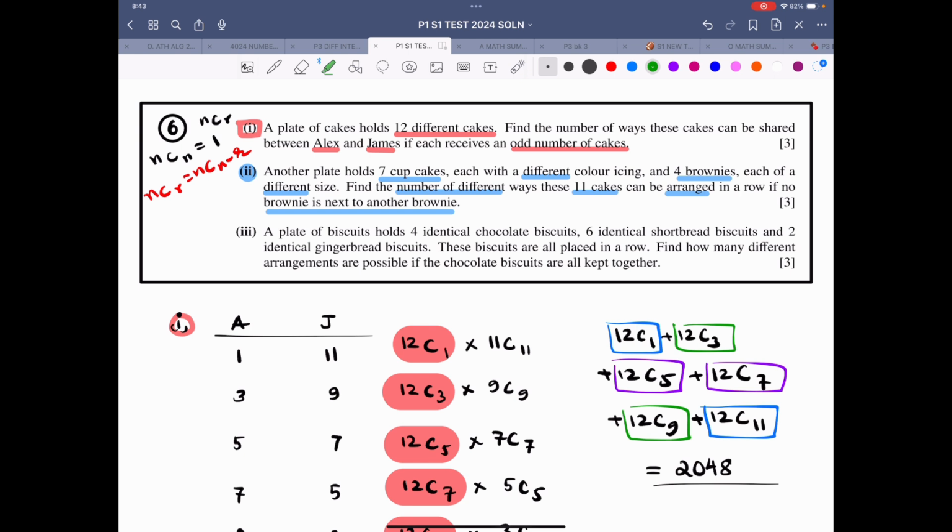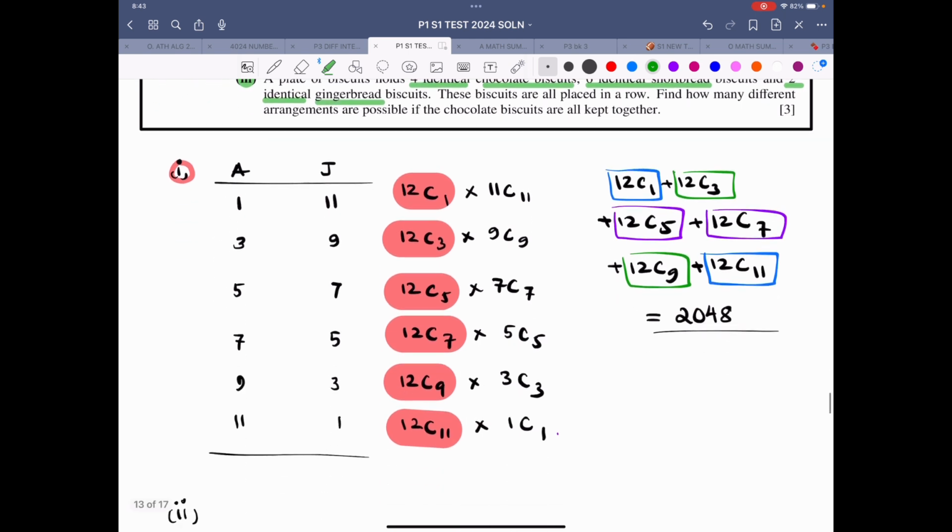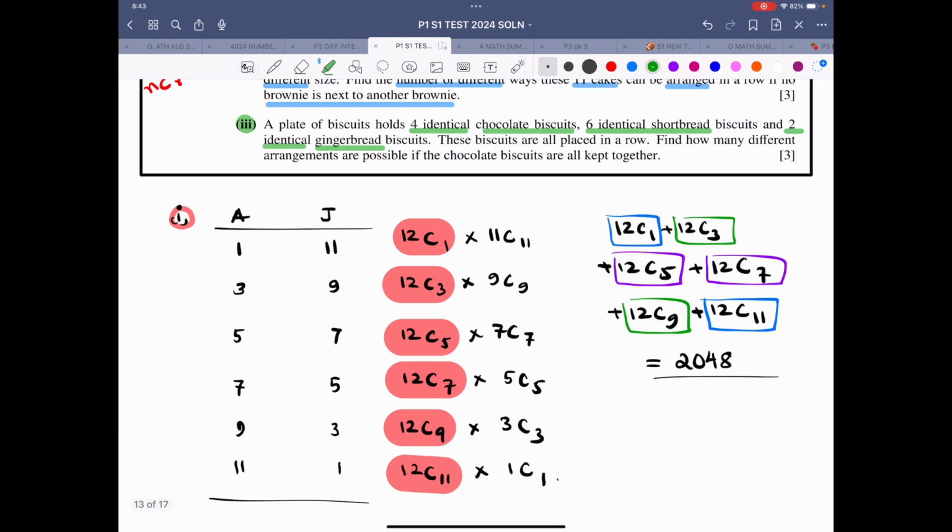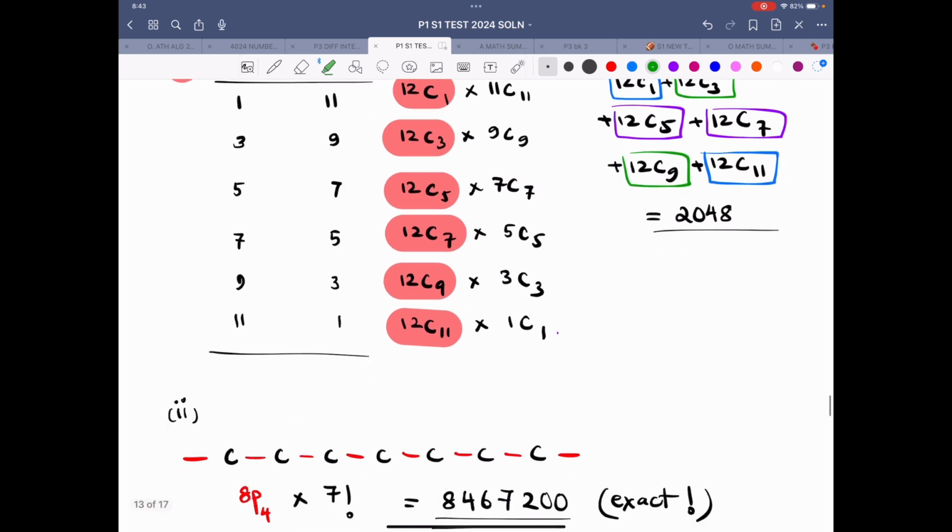The third part. It says a plate of biscuits holds 4 identical chocolate biscuits, 6 identical shortbread biscuits, and 2 identical gingerbread biscuits. So that's 4C, 6S, and 2G.